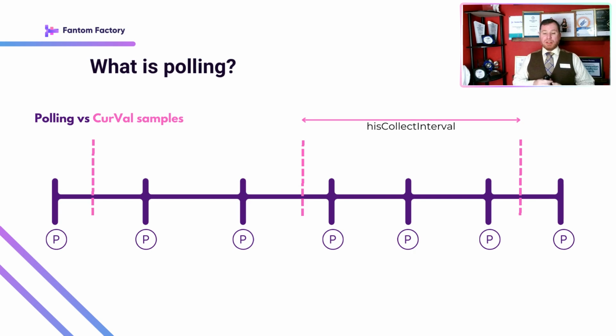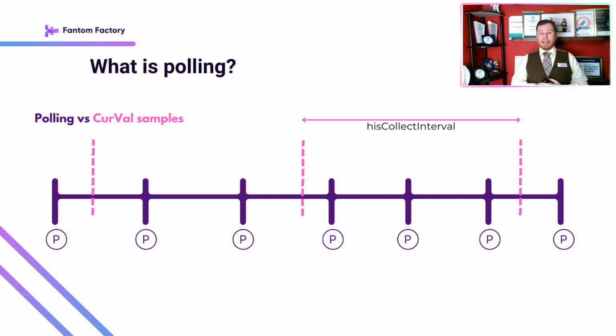Another way of putting a point into watch is by applying the hisCollectInterval tag to a point. This is something I hope we all know about, but applying the hisCollectInterval tag to a point does two things. One, it puts the point into a watch and initiates the polling process.